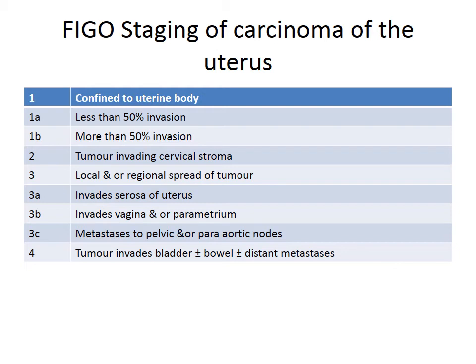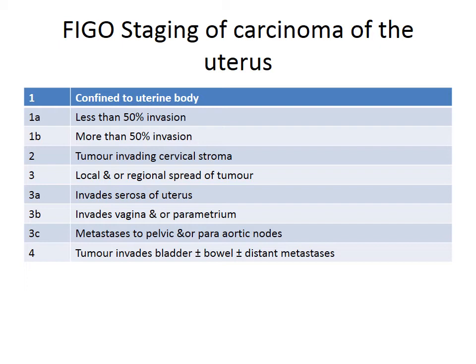For the staging of carcinoma of the uterus, it is divided into 4 stages. Stage 1, when the tumor is confined to the uterine body, while stage 2, when it is invading the cervical stroma. Stage 3 involves local and or regional spread of the tumor. And stage 4, as in any tumor, is when the tumor extends into distant areas, or when it does invade the bladder and or the bowel.